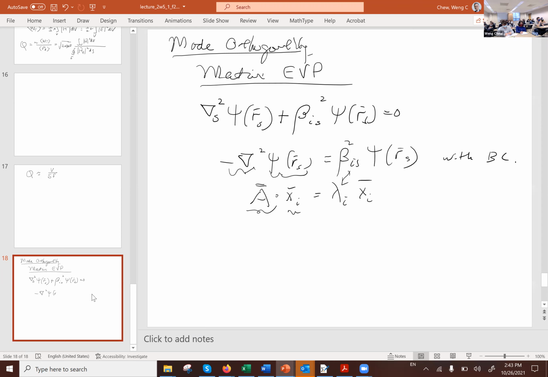Hermitian matrices means that A is A conjugate transpose. And A conjugate transpose means we take the matrix A, take its transpose, and take a conjugation. You know what conjugation is. And then in linear algebra, actually it's quite easy to write this.